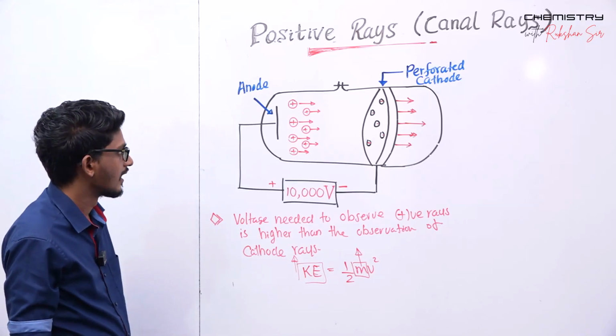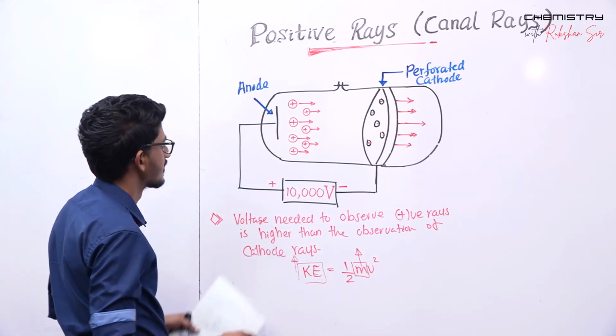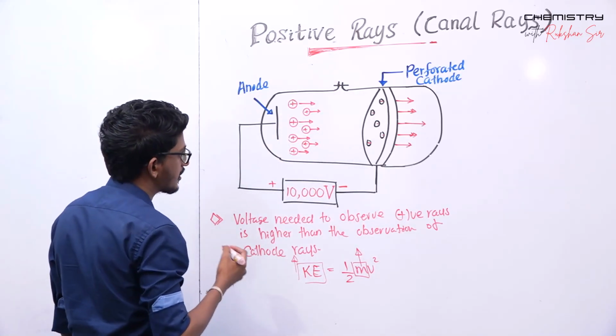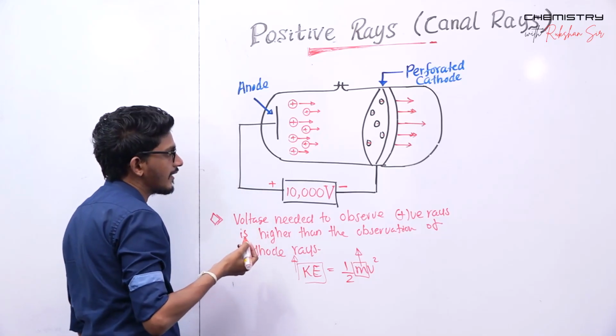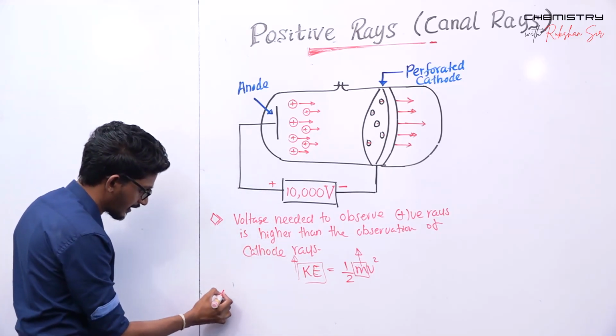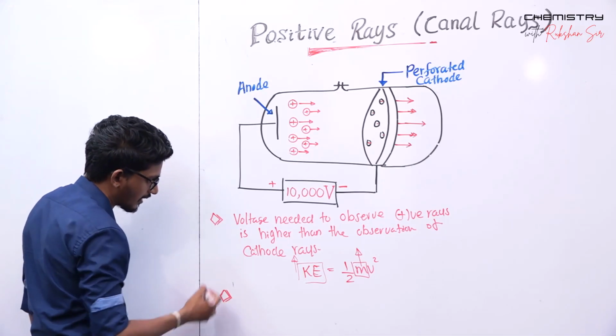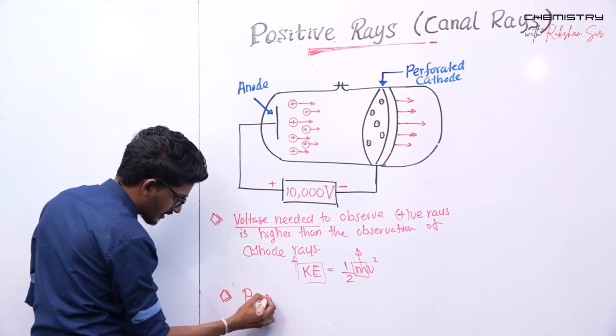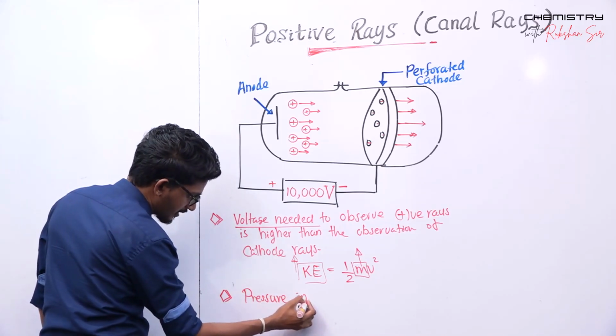Second one, why do we need some pressure? Which is actually greater than in the observation of the cathode rays. So the second point is the pressure inside the tube.